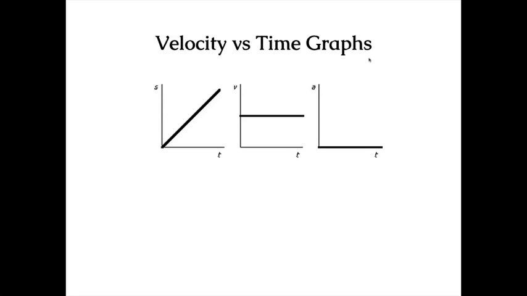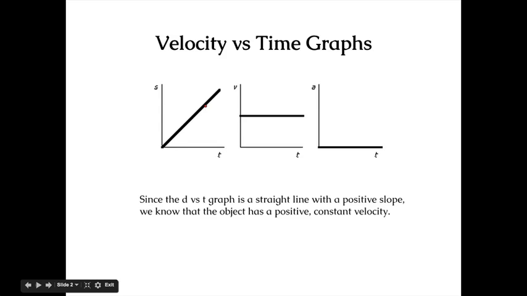So this is a video on velocity versus time graphs. What you'll notice here is a set of three graphs: displacement, velocity, and acceleration versus time for one type of motion. The displacement versus time graph on the left has a straight line with a positive slope.